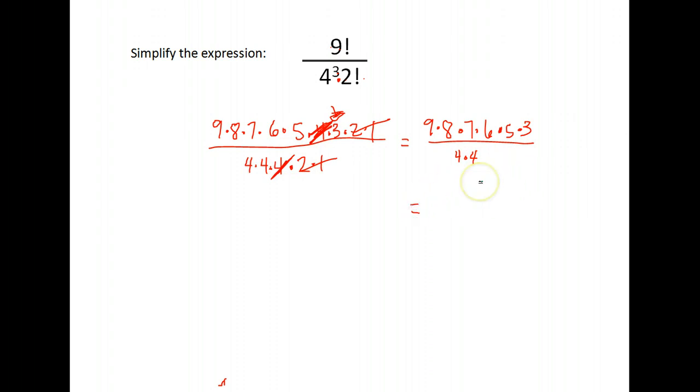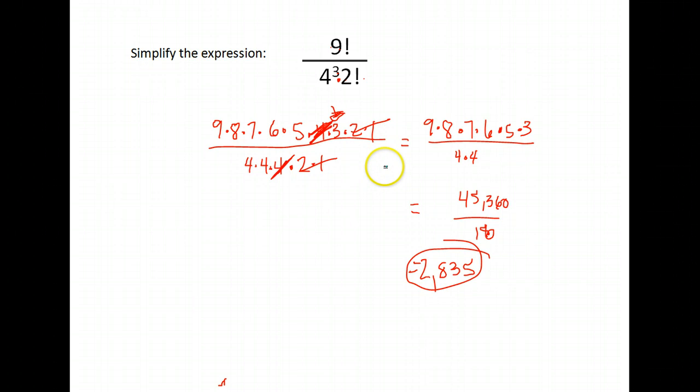So on the top, I have my 9 times 8 times 7 times 6 times 5 times 3, which gives me 45,360 divided by 16, and I get 2,835. Okay, so those are some examples of working with simplifying factorials.